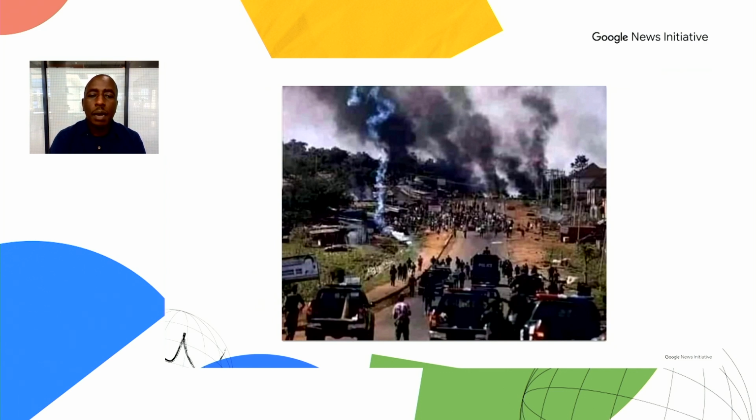Misleading captions are often used alongside real images or videos to deliberately deceive the recipients of a particular piece of information. We have seen in the last 2 years or so an increase in armed conflict or elections or a pandemic. In these circumstances, it provides fuel for disinformation and misinformation.